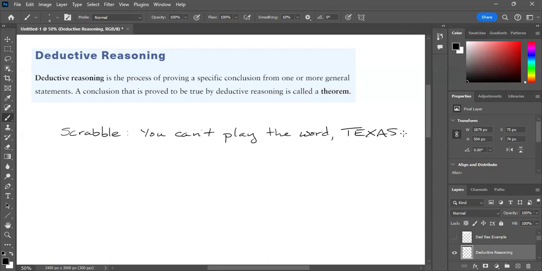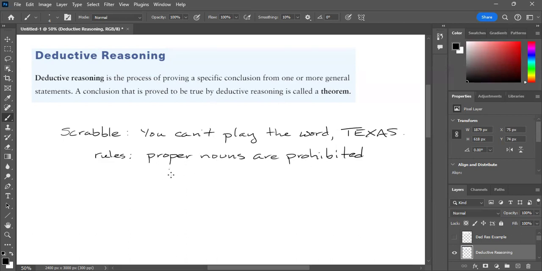Why is that? Now, the word Texas, that's a very specific example, but we do have a couple of rules that if we follow those, now these are general rules. One of those is proper nouns are prohibited. So you can't play a proper noun.